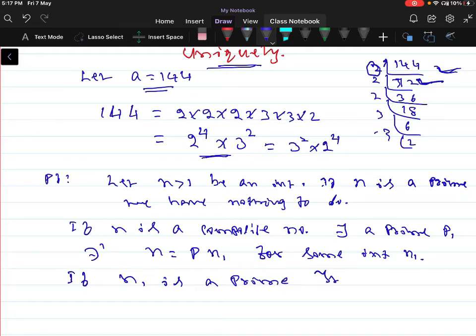Then n can be expressed as p1 into n1, that is a product of prime factors.